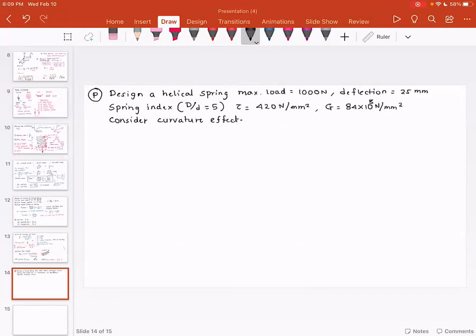So whenever they say consider curvature effect, what we need to do is consider the Wahl's factor.